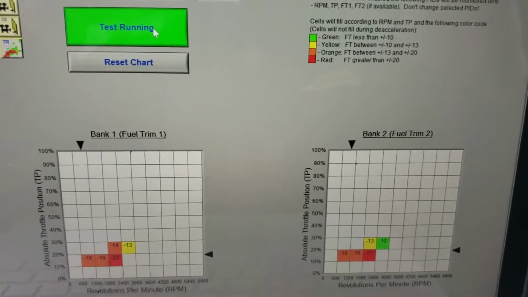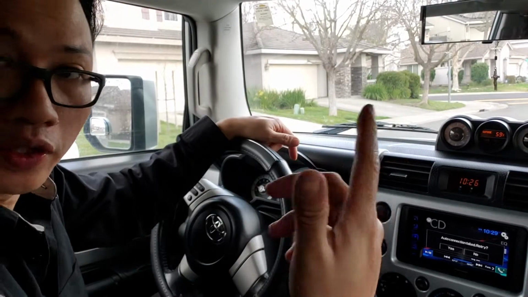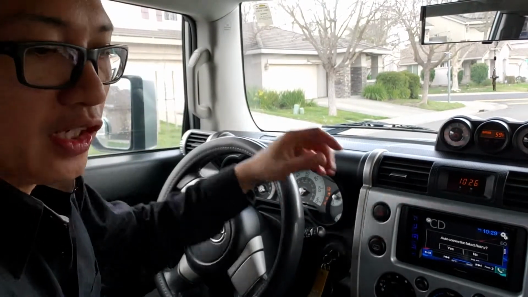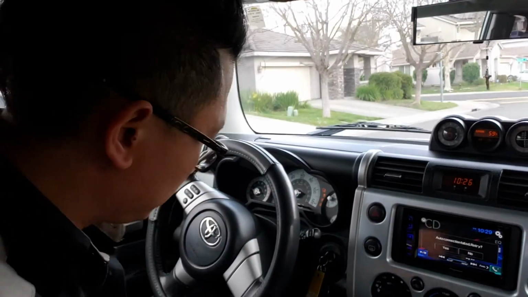Let's do a test drive so we can look at the fuel trim a little bit. So we are going to take a test drive and also watch the fuel trim table.